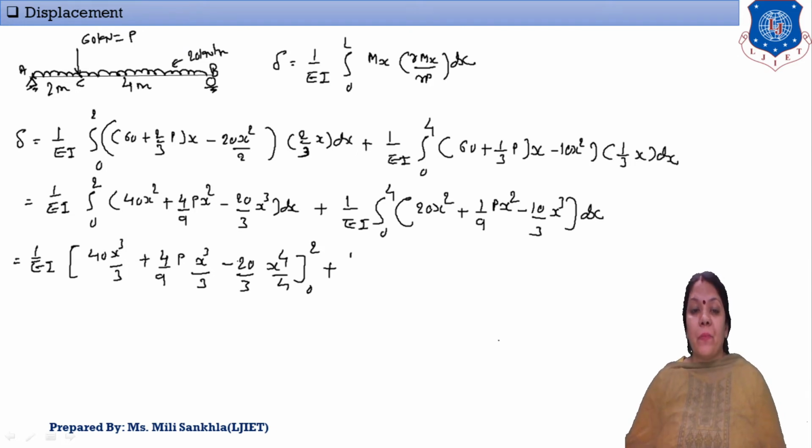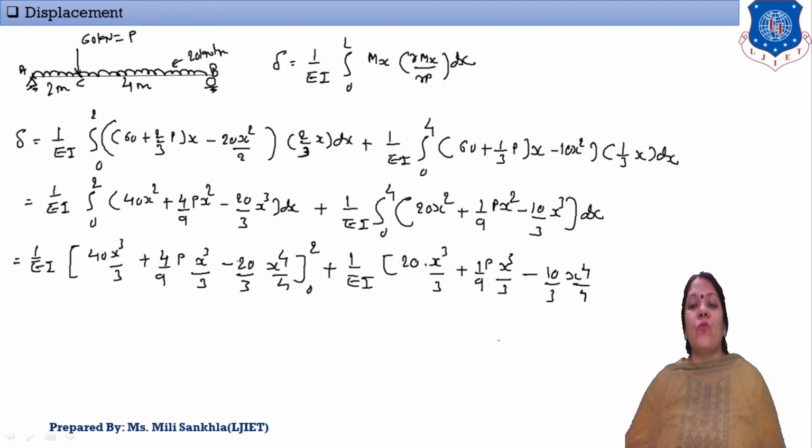Plus second, 1 by EI, integration 20 x cube by 3 plus 1 by 9 P integration x cube by 3, then 10 by 3 and integration x raised to 4 by 4, limit 0 to 4.